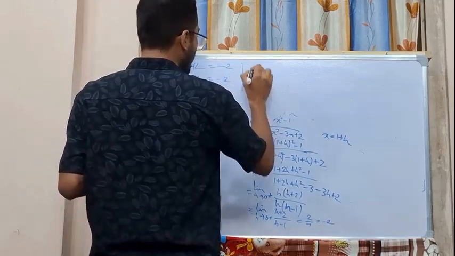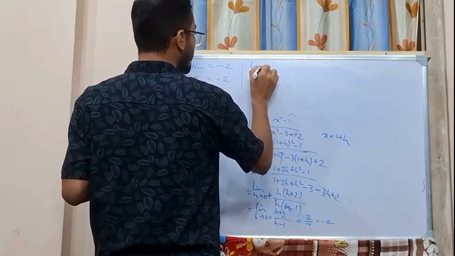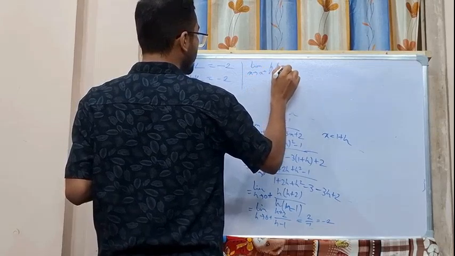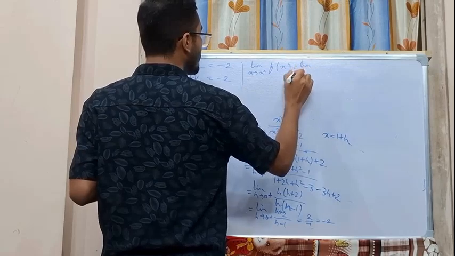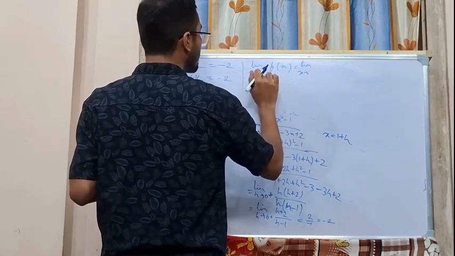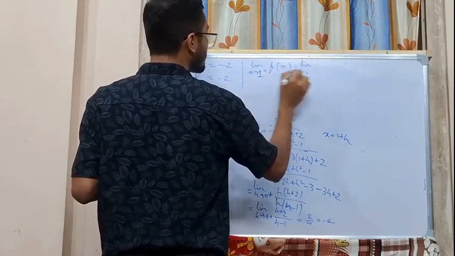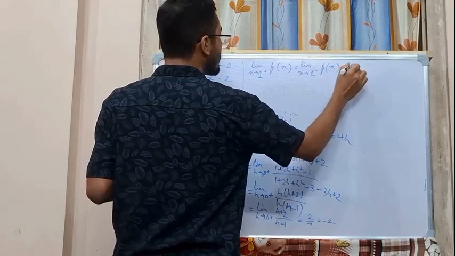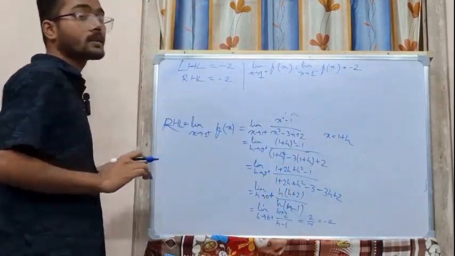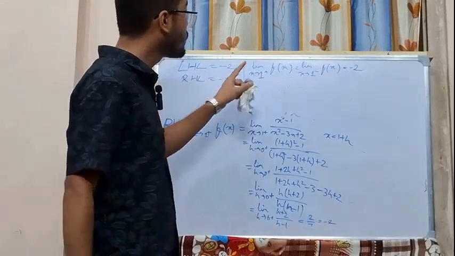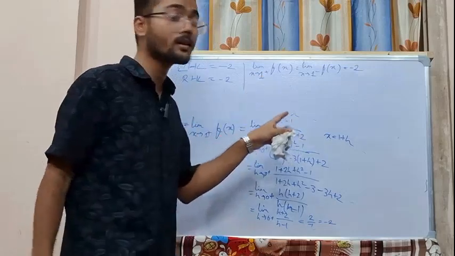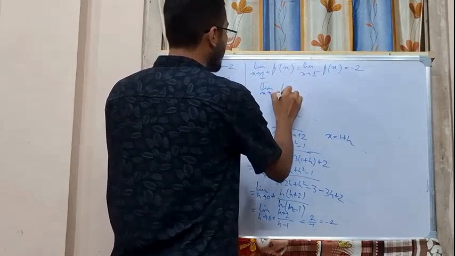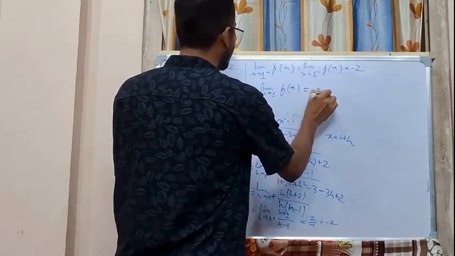That means limit x tending to 1 positive f(x) is equal to limit x tending to 1 negative f(x) is equal to minus 2. That's why the value of f(x) when x is tending to 1, from both sides, it is minus 2.